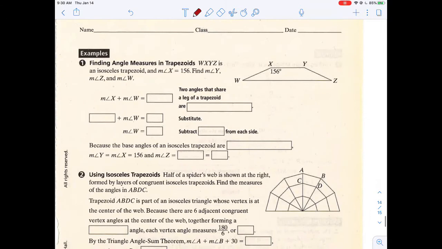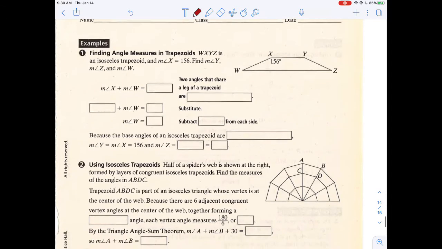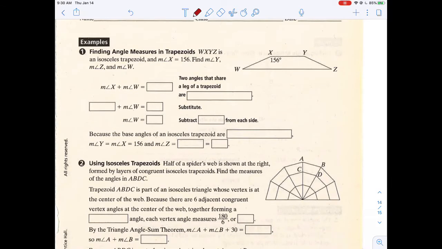Okay, and then page 111. First example says finding the angle measures in trapezoids. WXYZ is an isosceles trapezoid, and the measure of angle X is 156 degrees. We're going to try to find the measure of angles Y, Z, and W. Two angles that share a leg of a trapezoid are supplementary.